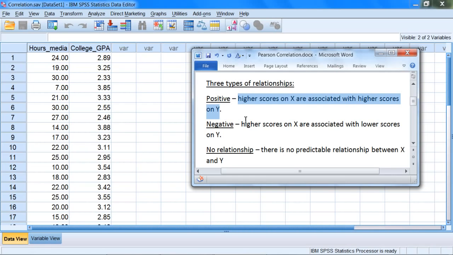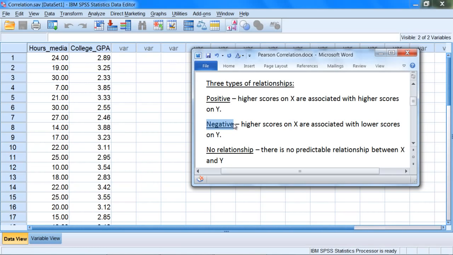What this means is there's a tendency that if an individual has a high score on x, they're also going to tend to have a high score on y. It's not necessarily perfect, in most cases it won't be, but if you know someone's score on x, it gives you a good idea of where they are on y. High on x, high on y. For positive, it's also true that if you have a lower score on x, you would tend to have a lower score on y.